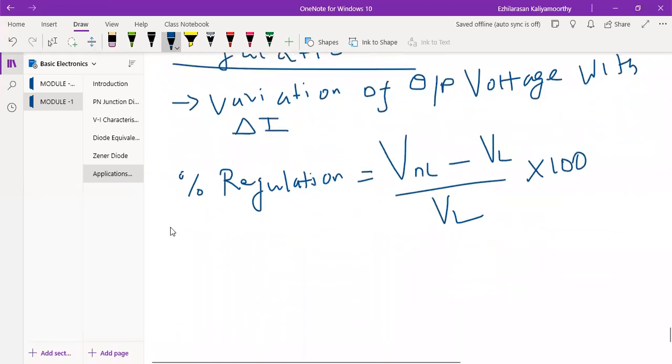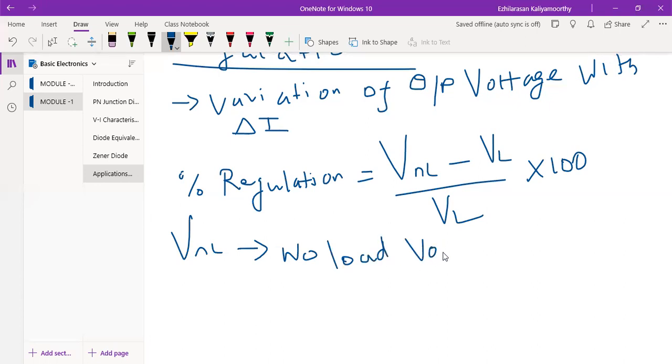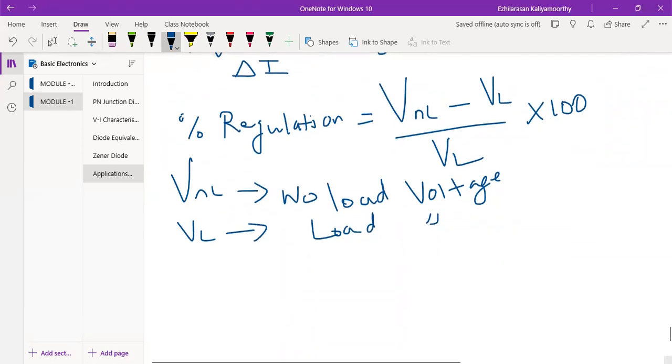VNL is nothing but the no load voltage, and VL means the load voltage. Now what will we do?